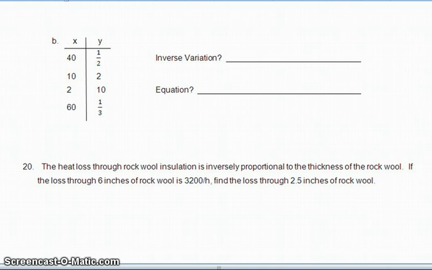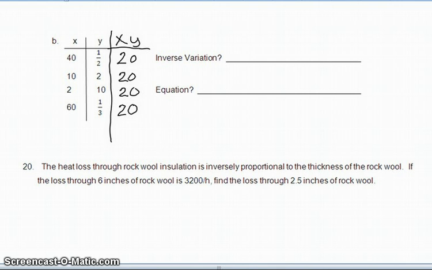Here I've got inverse variation and y varying directly as x. So I'm going to make another column, xy, and multiply across on my ordered pairs to see if that constant is equivalent. 40 times 1/2 is 20. 10 times 2, 20. 2 times 10, 20, and 60 times 1/3 is also 20.